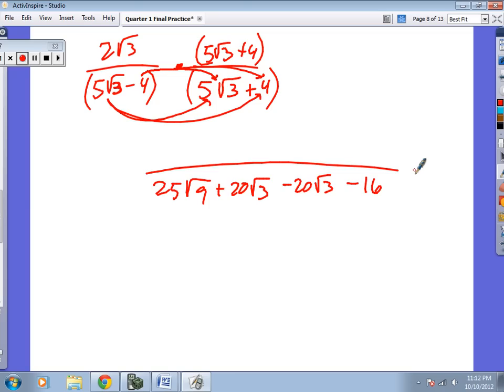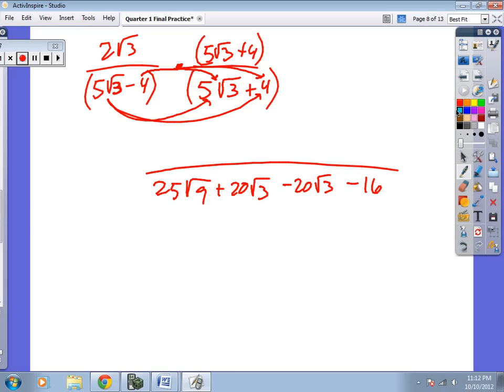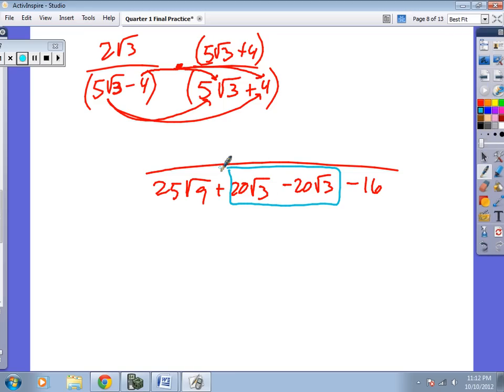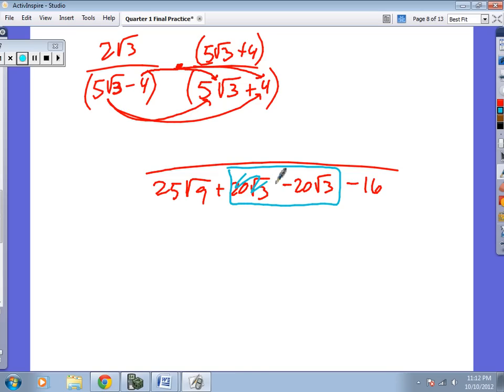Okay, this is what I love right here. This is the difference of squares. That's what happens. These two terms will negate each other. They zero out. They're opposites. So when you add them up, there's nothing. And this is what is awesome. Number 2, you created a perfect square. What is the square root of 9? It's 3.